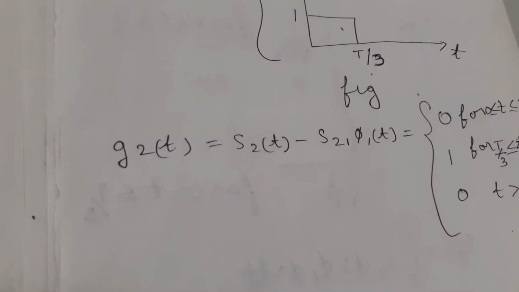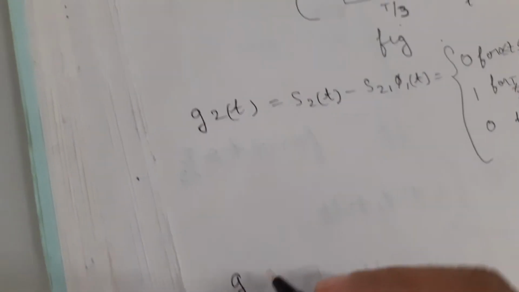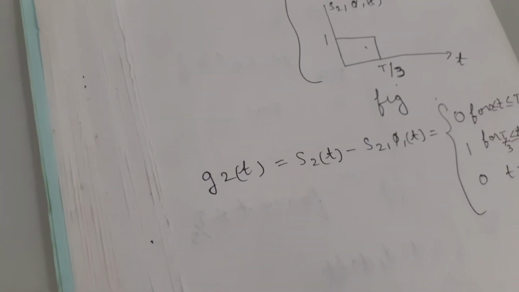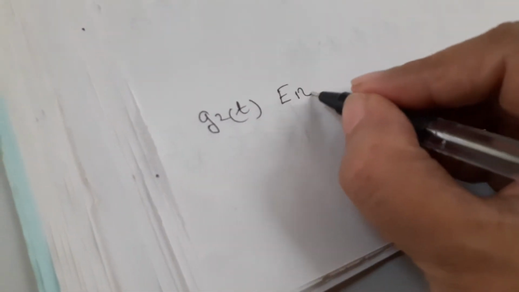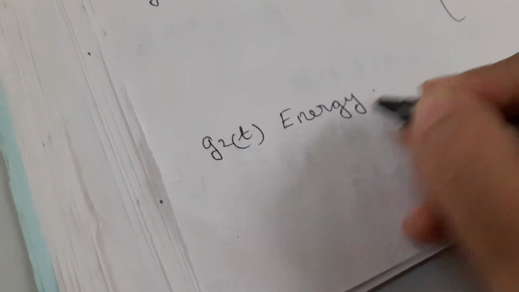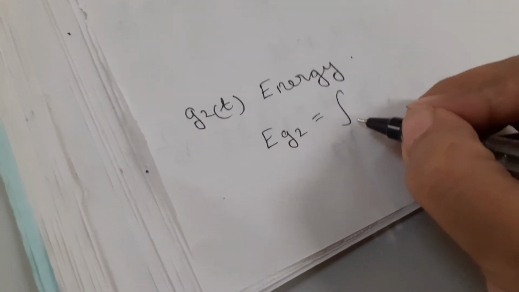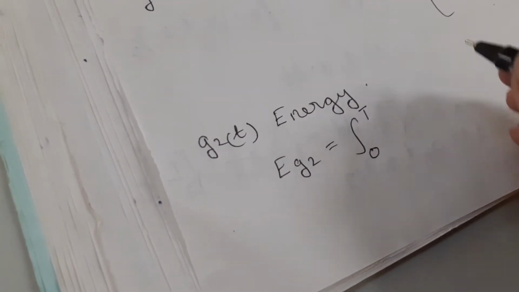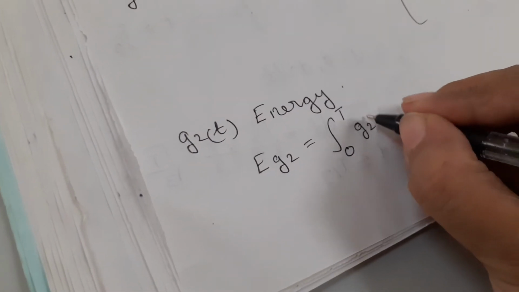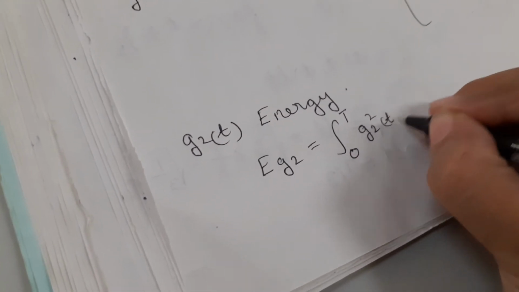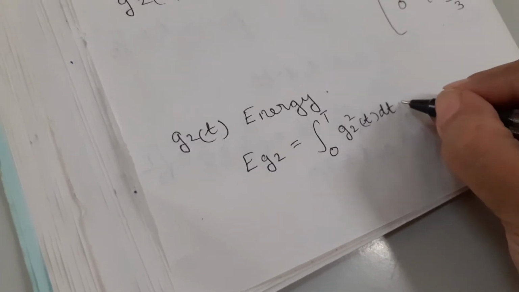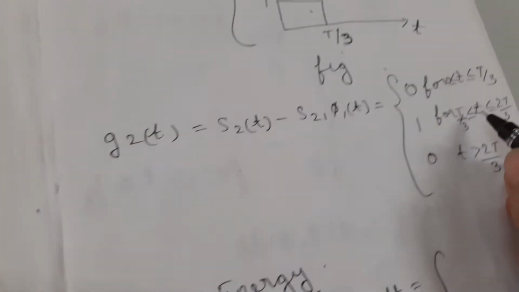Now this same value we can substitute and calculate. So the energy of g2 of t will be calculated. First write the formula: integral from 0 to T of g2 square of t dt. These will be the limits we are getting here.